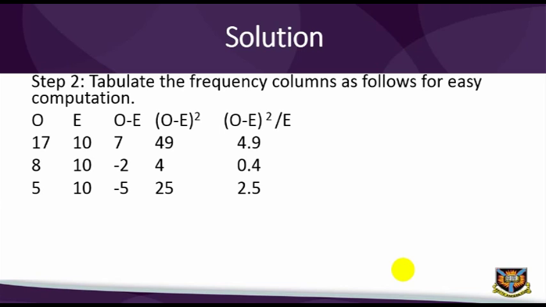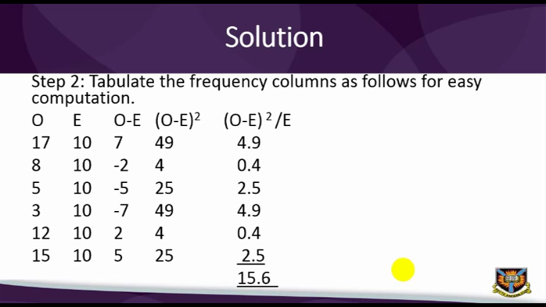(O minus E) squared: 49, 4, 25, 49, 4, 25. (O minus E) squared over E: 4.9, 0.4, 2.5, 4.9, 0.4, 2.5, which sums to 15.6.